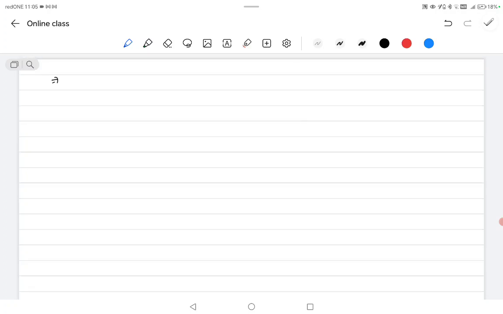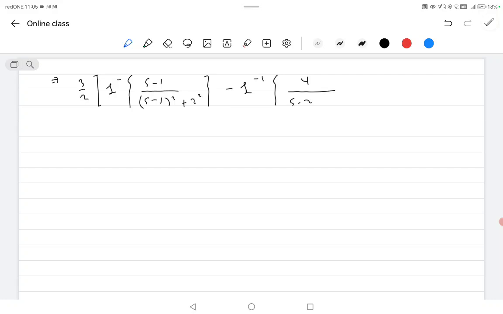So again, we have 3 over 2 inverse Laplace of (s minus 1) over ((s minus 1) squared plus 2 squared), minus inverse Laplace of 4 over ((s minus 1) squared plus 2 squared).